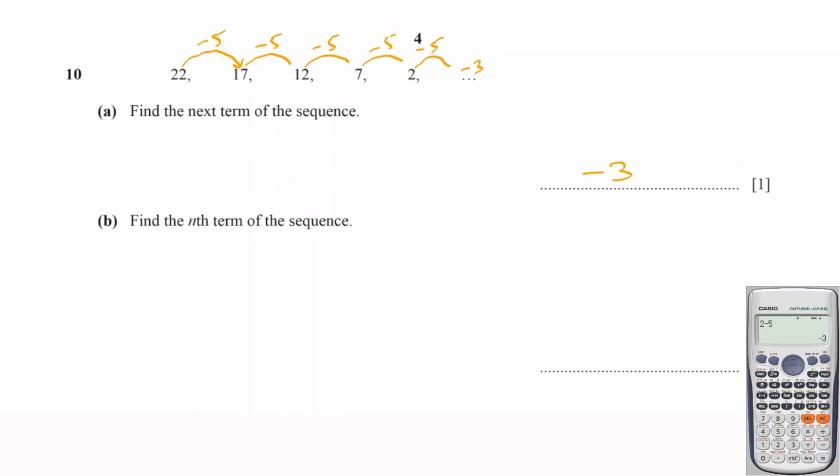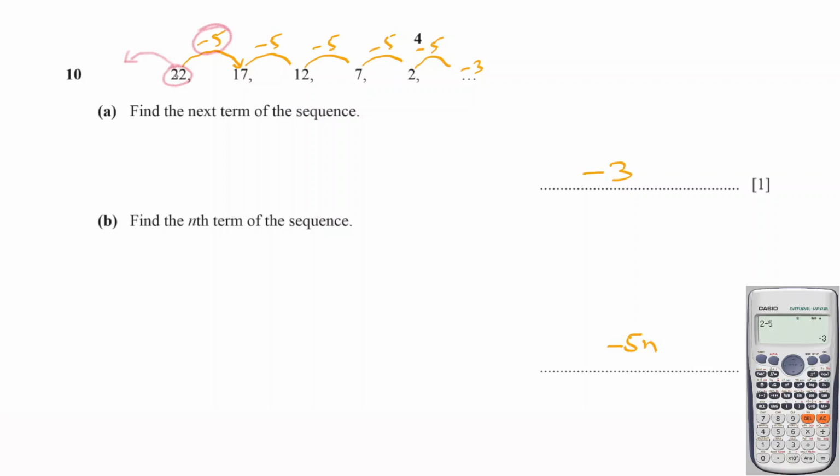And to find out the nth term, it's very simple. What you have to do, you just have to write the difference. What is the difference? Minus 5, and you have to write n with it. Whatever the difference is, minus 5, you just have to write n with it, and you have to find out the previous term of this one. What should be the previous term? Actually, the previous term of the first term, right?